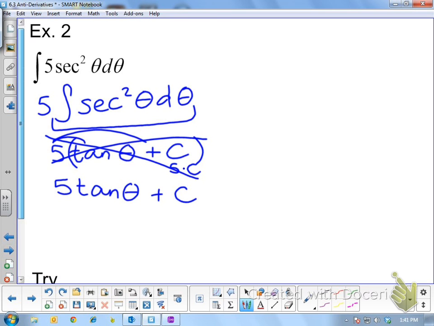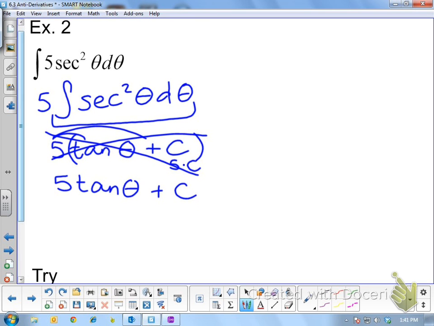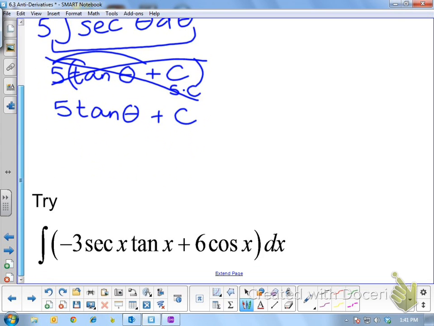Okay, so one last try problem. On the try problem, another thing we've been kind of doing naturally, it makes sense, is anytime I have a plus sign, I can take the two integrals separately. We've been doing that with our polynomials. We've been applying the anti-power rule piece by piece.